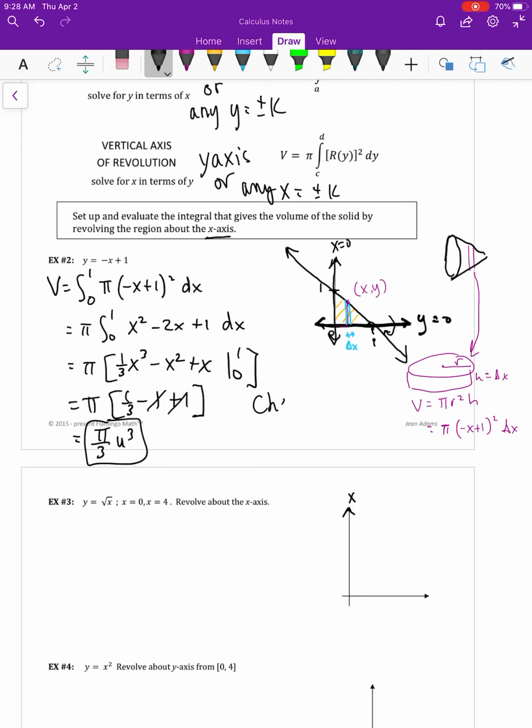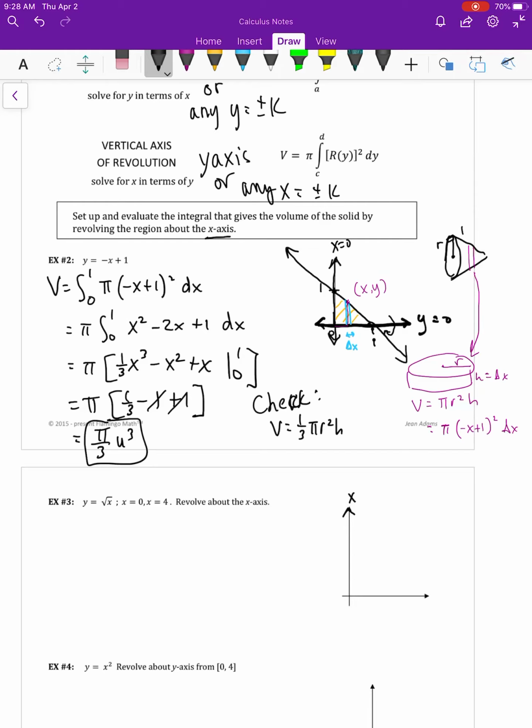And so now we can check it using volume equals 1/3 pi r squared times the height. Remember, that is the area of the base. So the base has a radius of 1, because this would be the radius of your base.